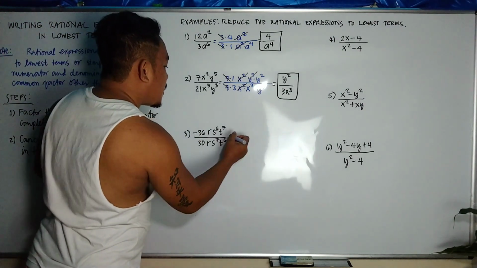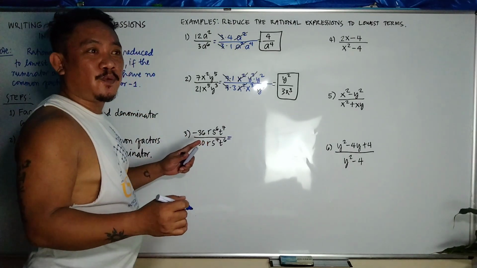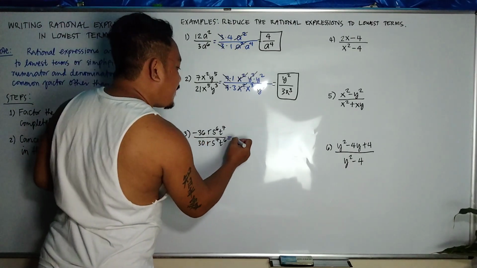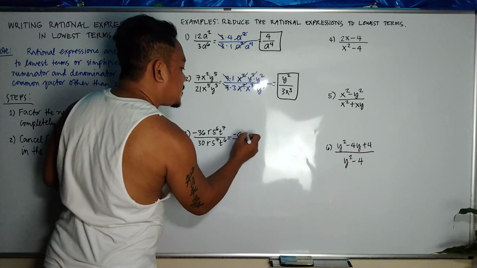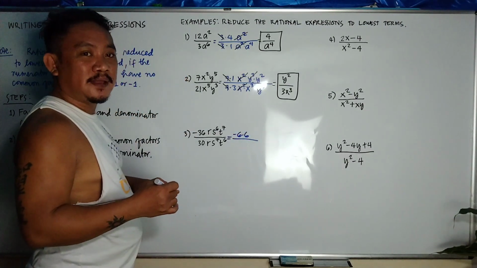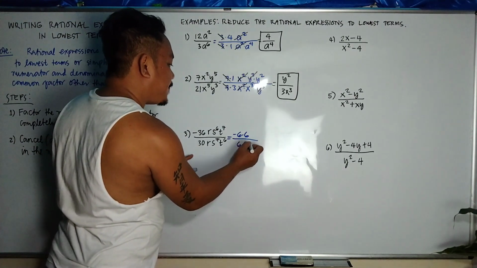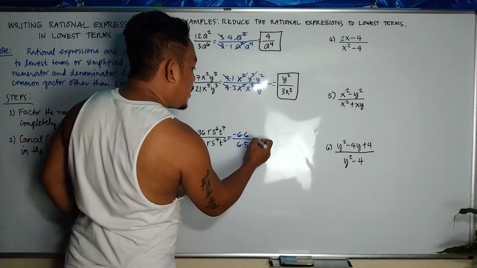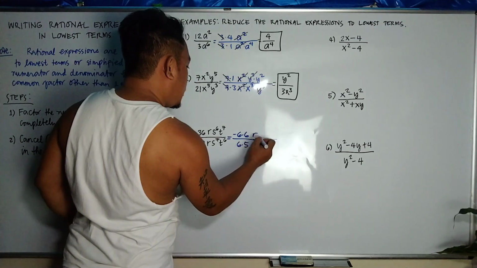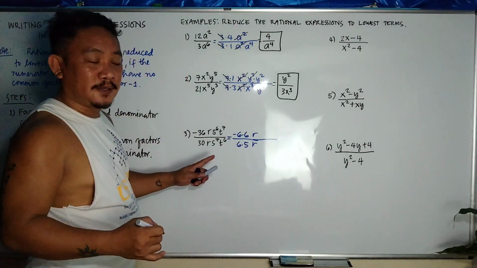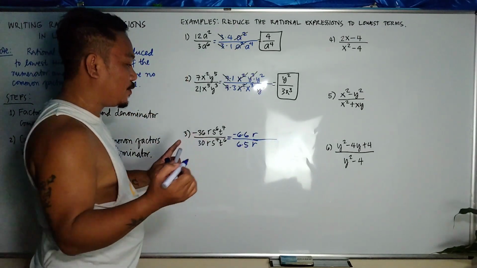So, 36, we can say that its factors are negative 6 times 6. Okay? Then while 30, you have 6 times 5. Okay. For r, you have r. We just copy r. No? Unya lang ta mag-cancel para ituwa na to.